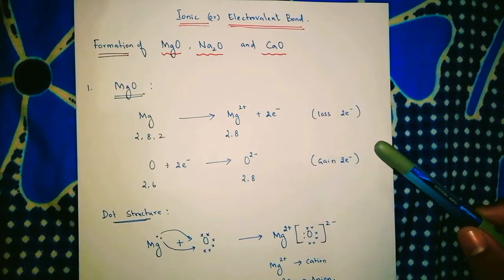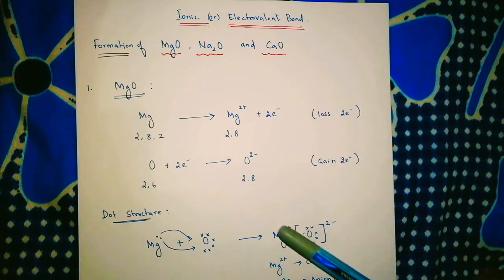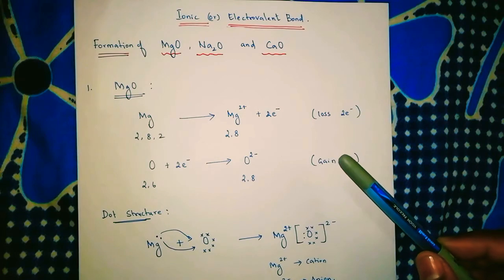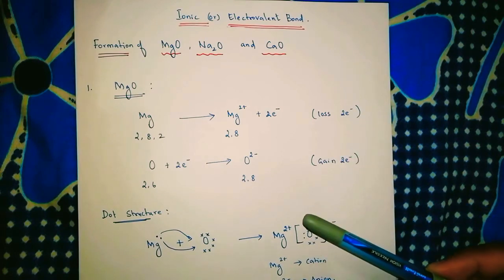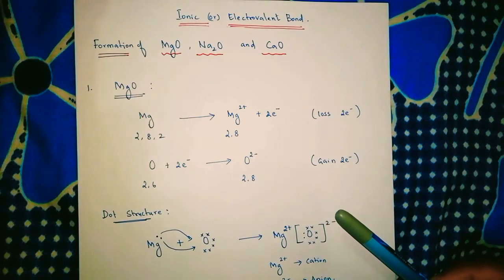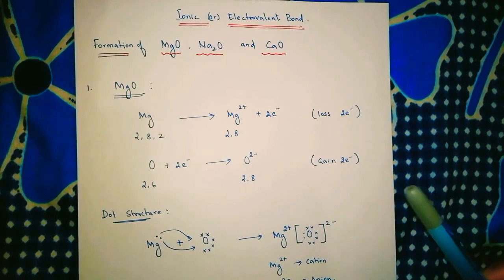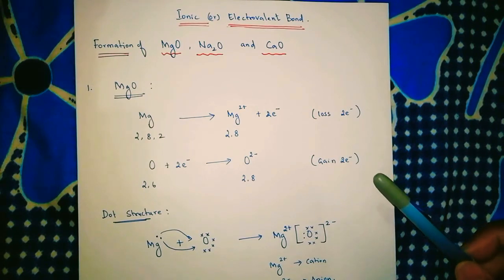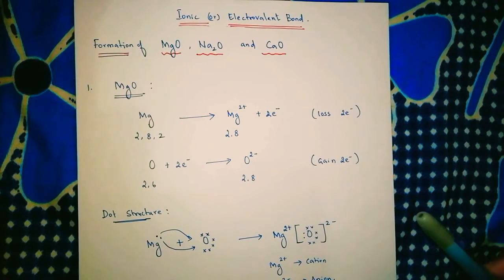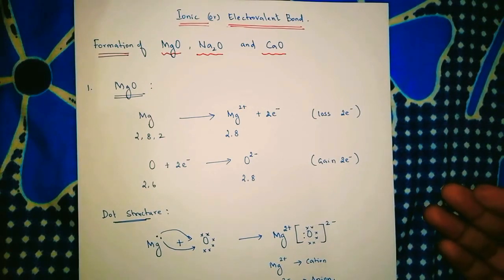For that, metals try to lose some electrons to attain the octet configuration, and non-metals try to gain some electrons from metals to attain the noble gas configuration. We tried this with the example of sodium and chlorine forming sodium chloride, and today we are going to do the same thing with some other examples.